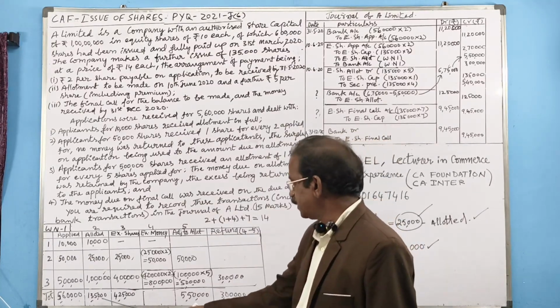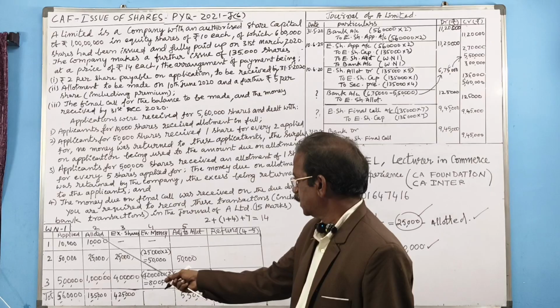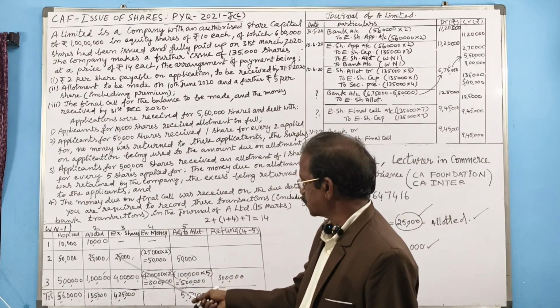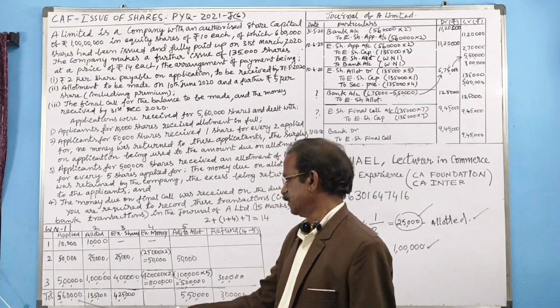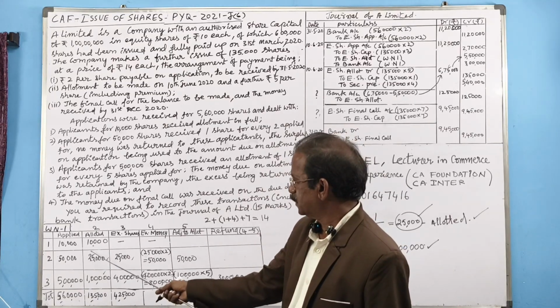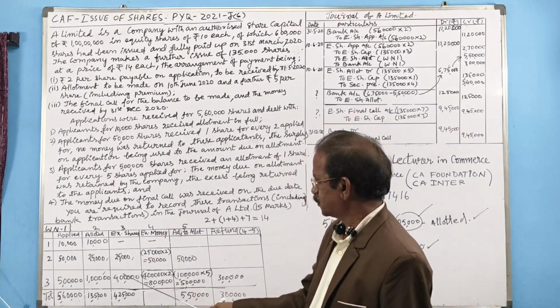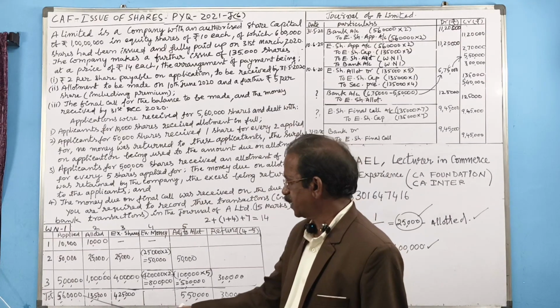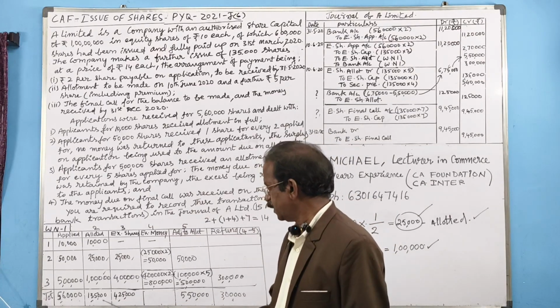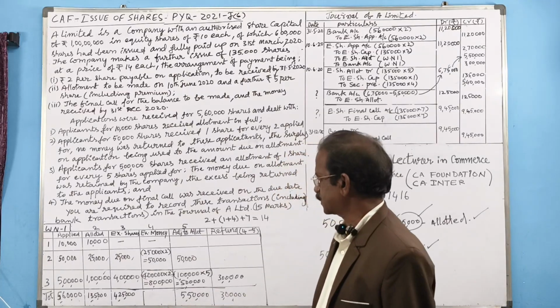If you add allotted plus excess shares, you should get the number of shares applied. To check whether you have written these amounts correctly, add these two. Yes, here in this case you got this figure, it is correct.